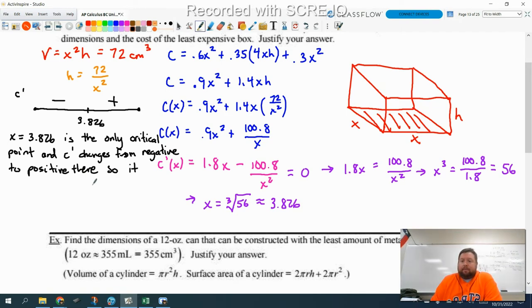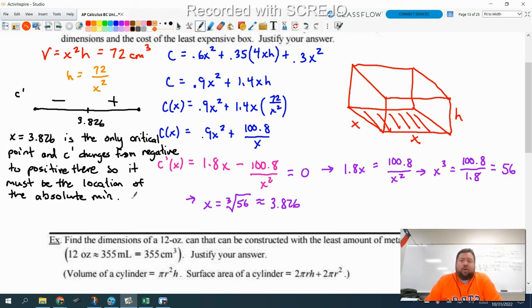So it must be the location of the absolute min.